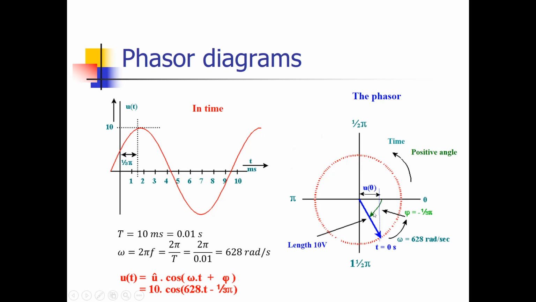And that is this angle. And why is it this angle? Because we defined this as a positive angle. So this is plus 90 degrees or plus pi over 2 radians, and this is minus 90 degrees, so minus pi over 2 radians. So minus 1/3 pi is somewhat over here, which is minus 60 degrees. Well, this is my phasor.